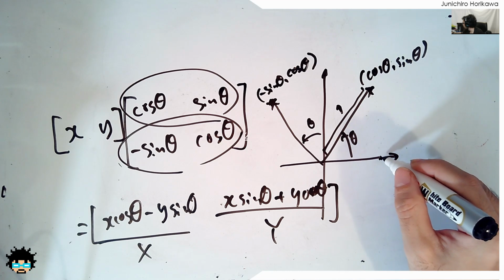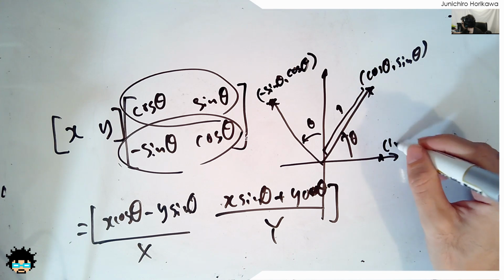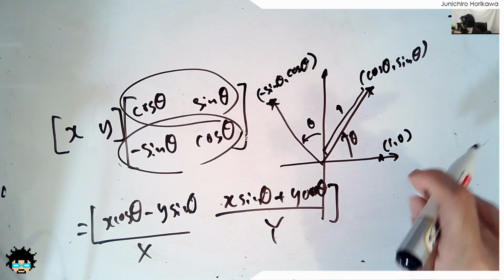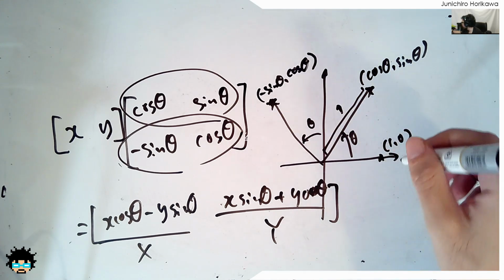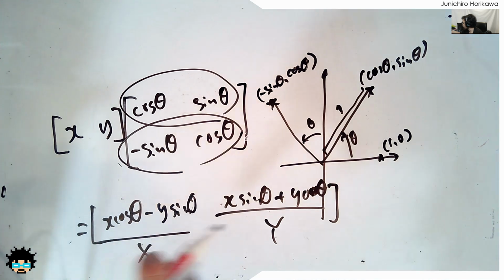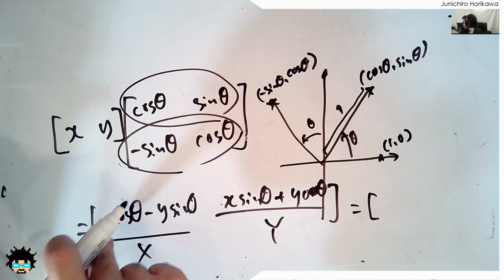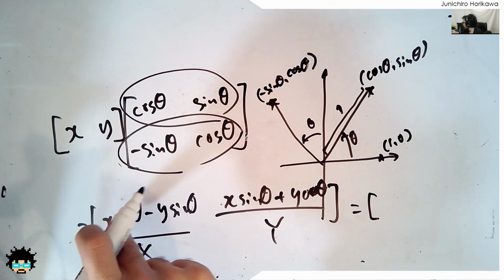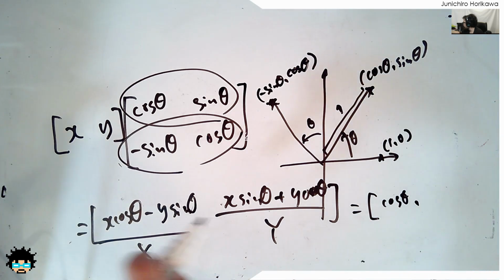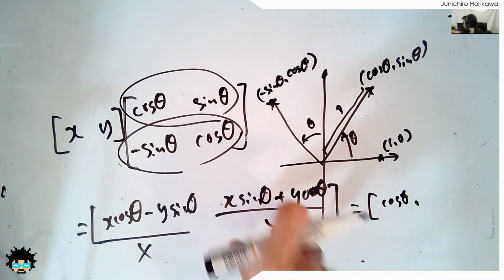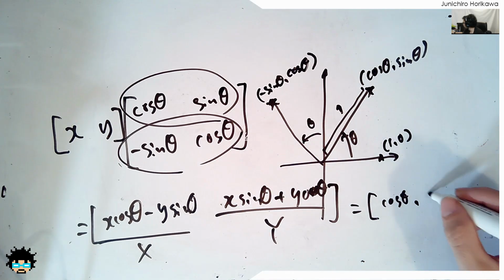So let's say there's an x value here, which is, let's say, 1, 0. If you input this x, y value, where x is equal to 1 and y equal to 0, then as a result, you get cosine theta as the x value, and for the y value, you get sine theta.